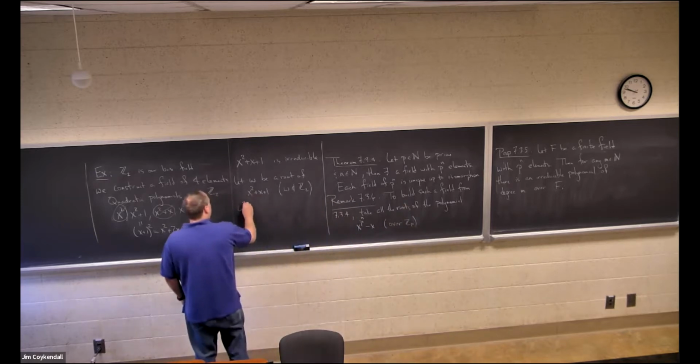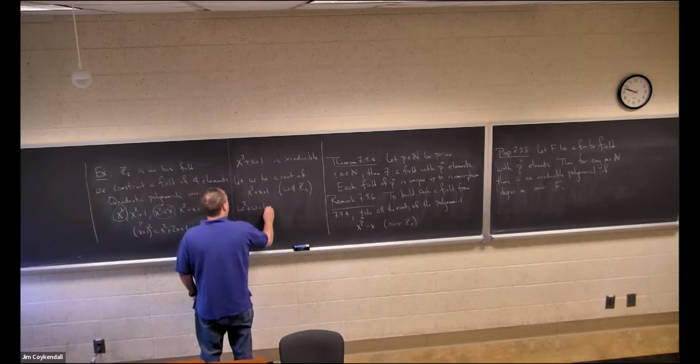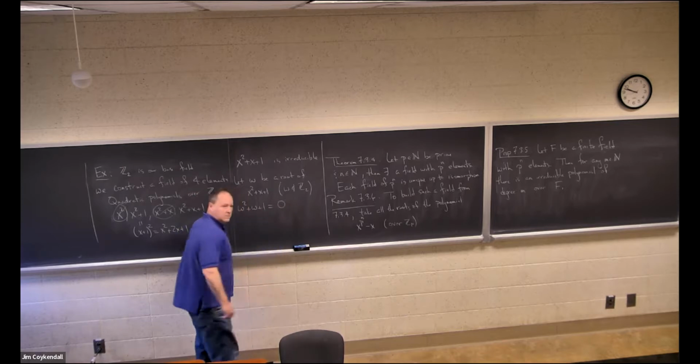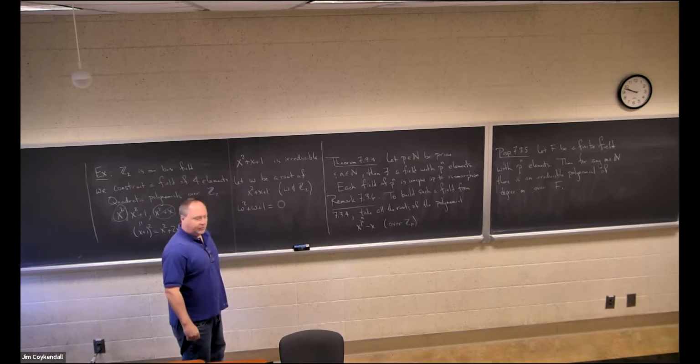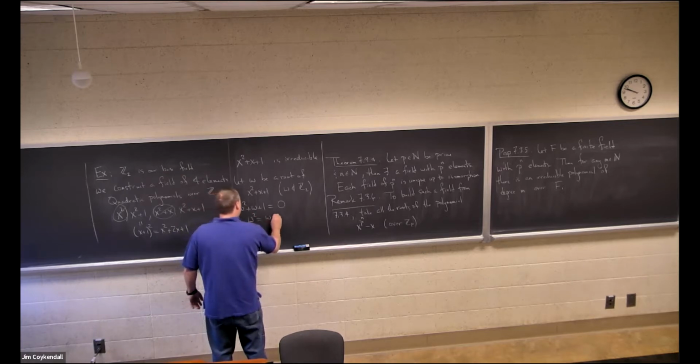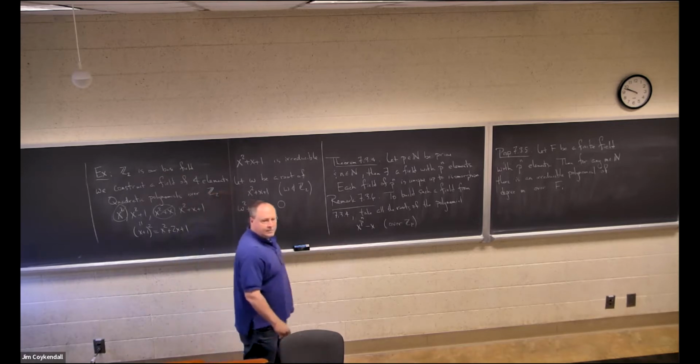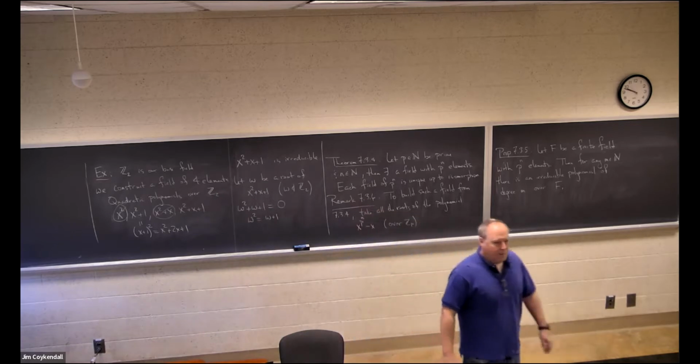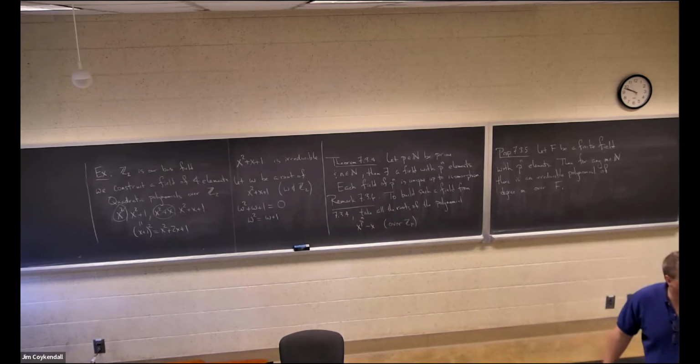This means omega squared plus omega plus 1 is equal to 0. If it's a root, another way to write this is omega squared is omega plus 1. Now, before you all pick on me about my signs, let me point out that since this is C2, this is in characteristic 2, a plus and a minus are the same thing, because 2 equals 0.